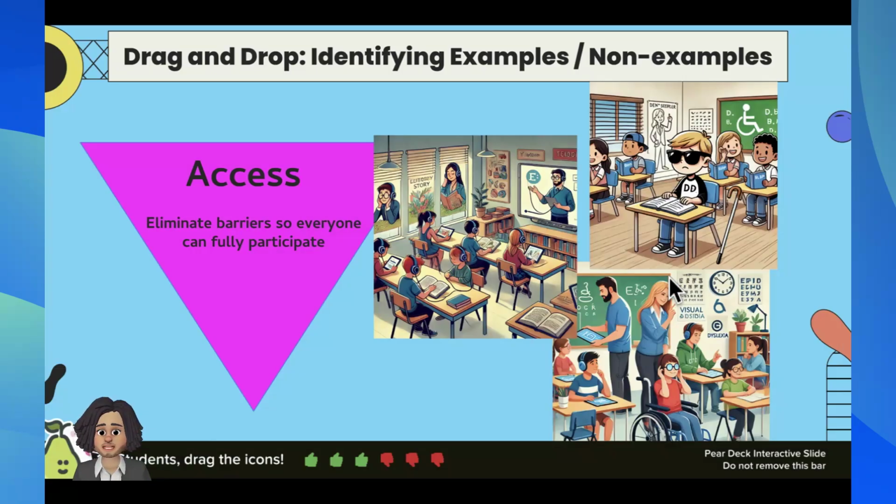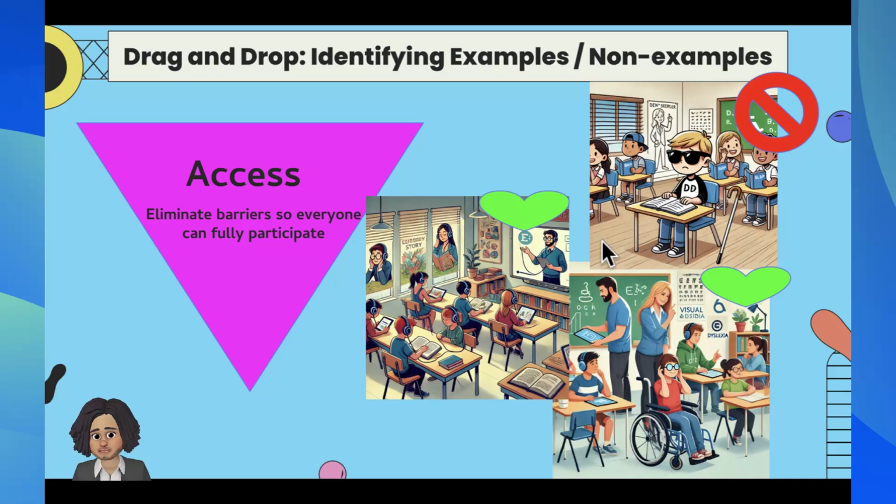Go ahead, pause the video, select your correct answer. What is an example of access, and what's a non-example of access? Pause. Ready to go? Let's go over the answers. If you chose that top right picture, you are correct as a non-example. As you can see, the student is blind.